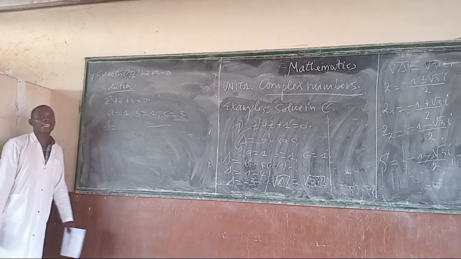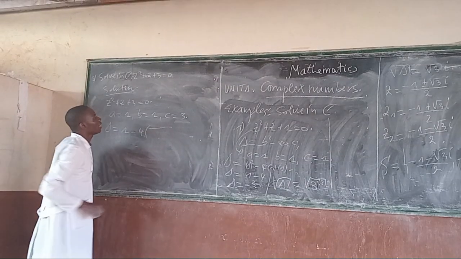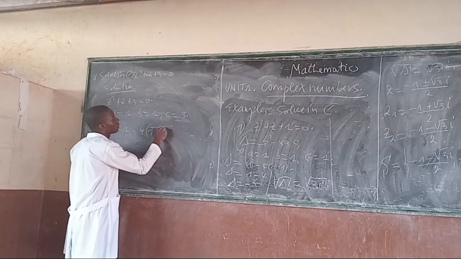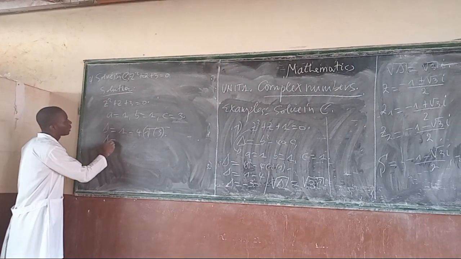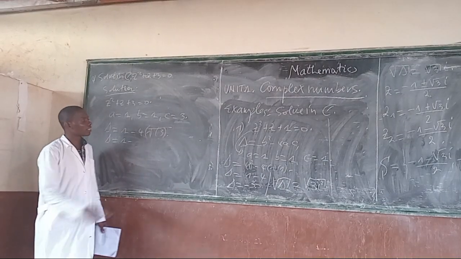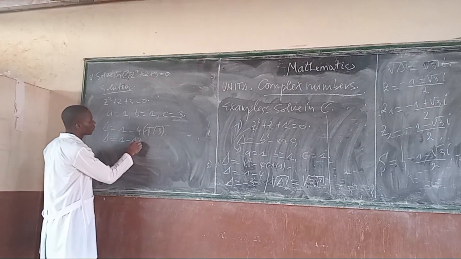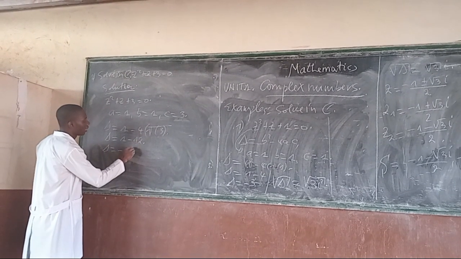The determinant is equal to b squared, which is 1, minus 4 times a, which is 1, times c, which is 3. For this case, the determinant is 1 minus 12, so the determinant will be equal to negative 11.